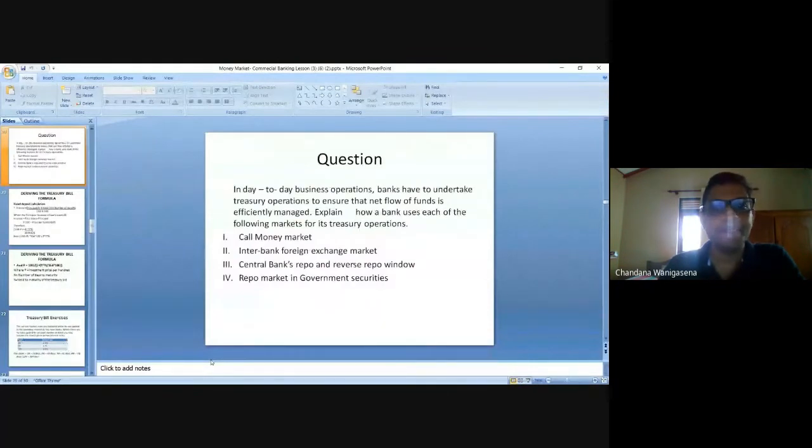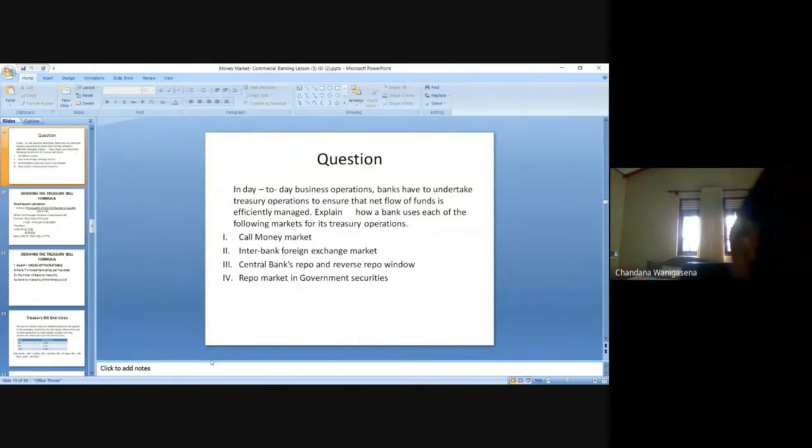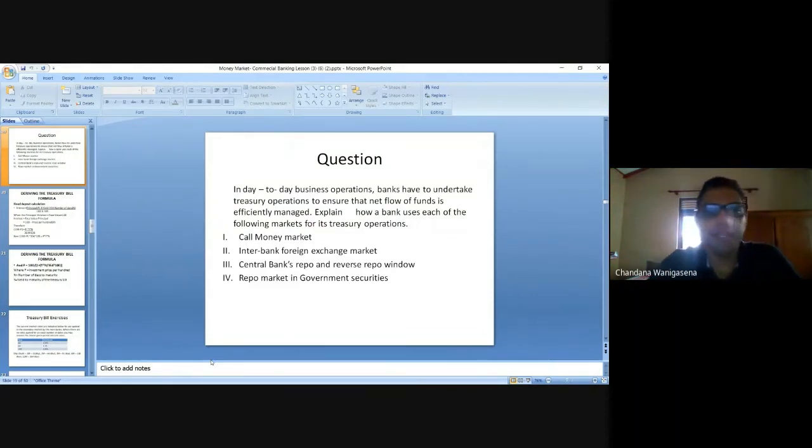So let's start with the question quickly. We'll do this question. The first: in day-to-day business operations, banks have to undertake treasury operations to ensure that the net flow of funds is efficiently managed.